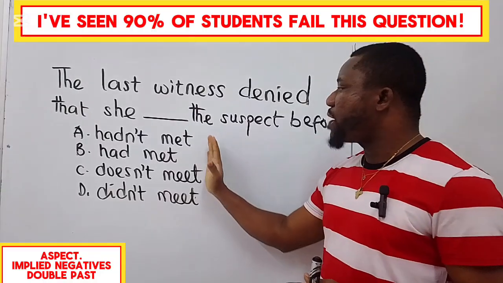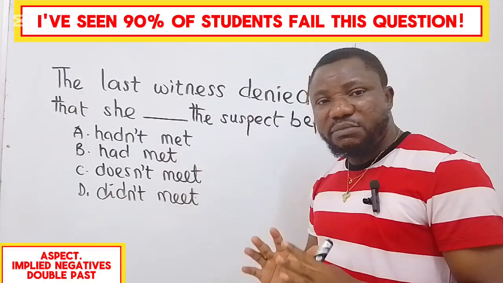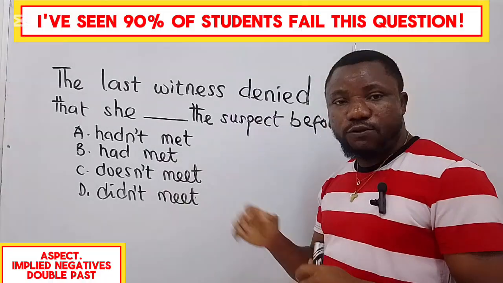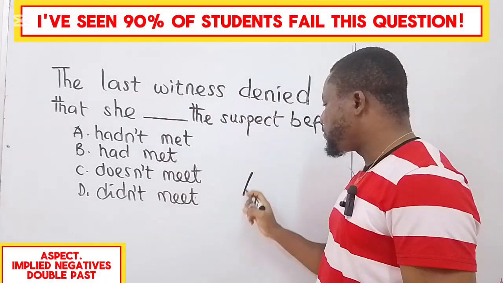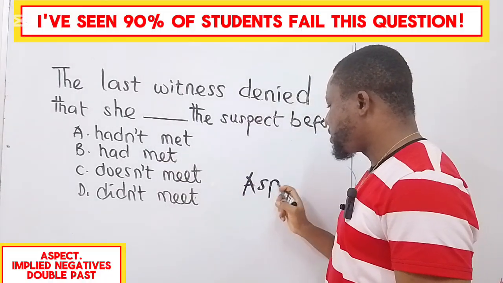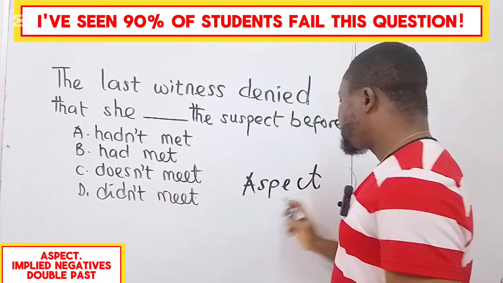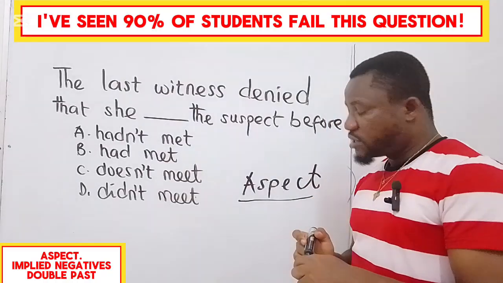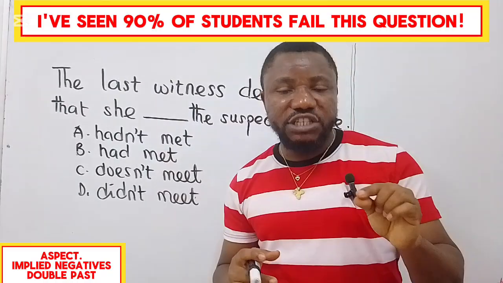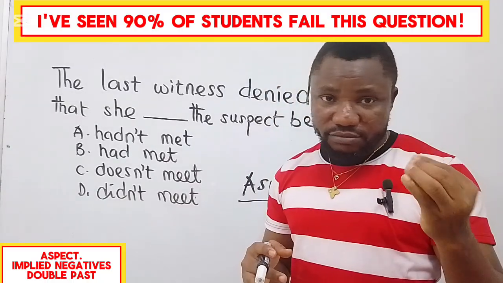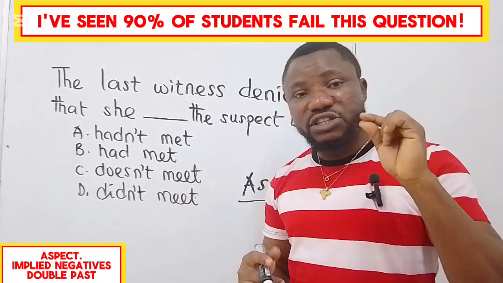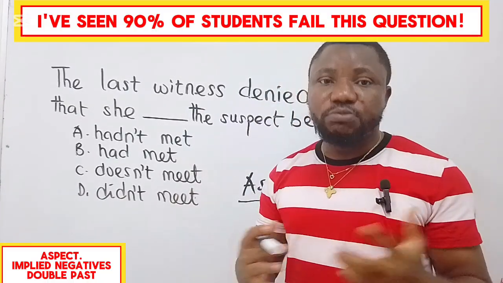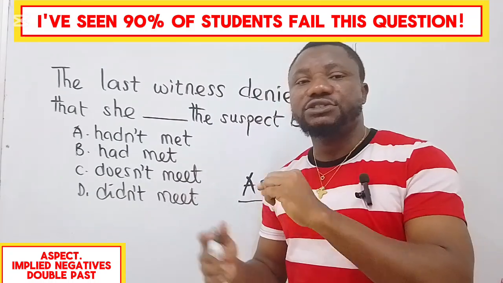Now, when you have a question like this, the examiner is simply testing your knowledge of aspect in the English language. Now, what is aspect? The concept of aspect in the English language is the nature or the state of actions performed in relation to time.